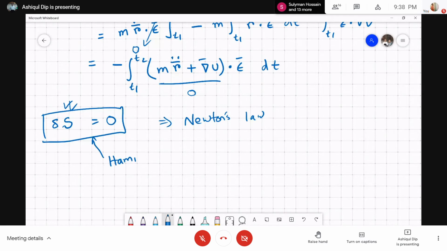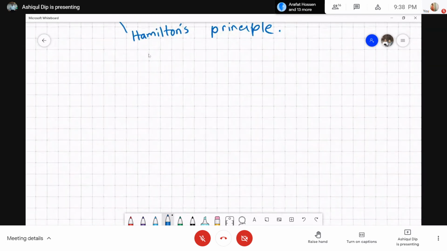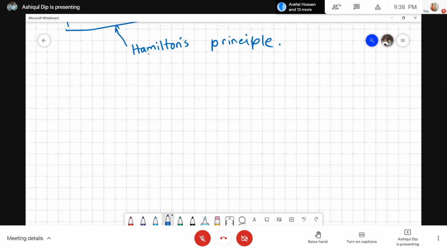Hamilton's principle. So the mother of all mechanics is now the variation of S equals 0.